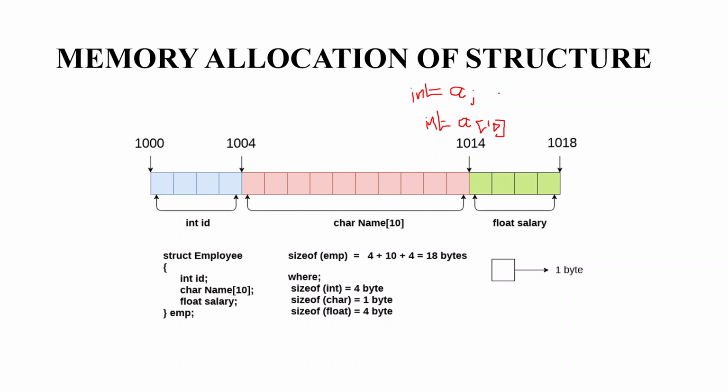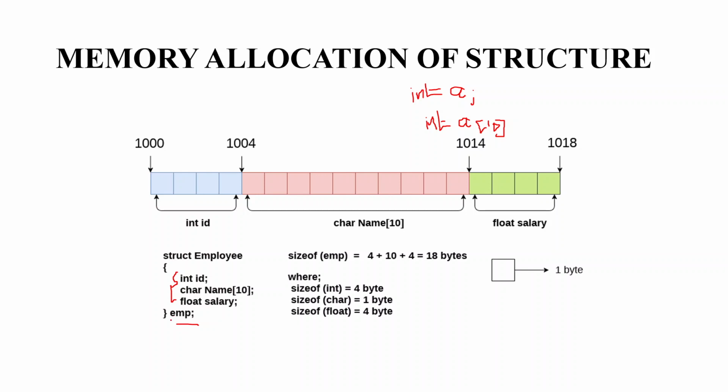Then for a structure, how will the memory allocation be done? We are giving members of the structure, right? We will calculate all the members' sizes and add them for a particular variable. The total bytes will be allocated as memory for that particular variable.